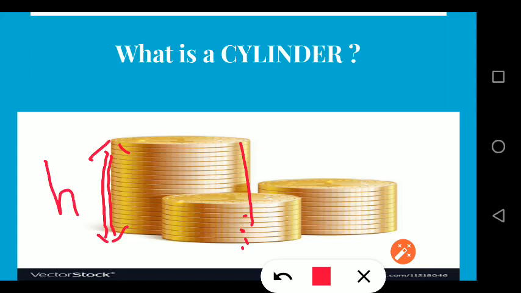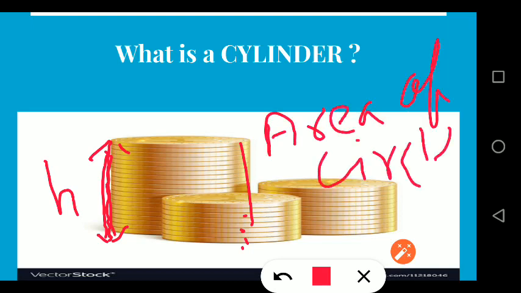If we say this height is h, then can we say that the volume of the cylinder is area of circle into h? Got it?